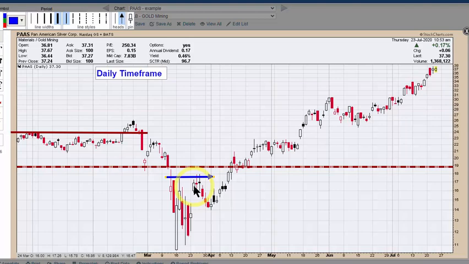The market hasn't taken you out yet. And then on this day here, a wick comes up and takes you out. So you made from, say, 2250 down to 1750.